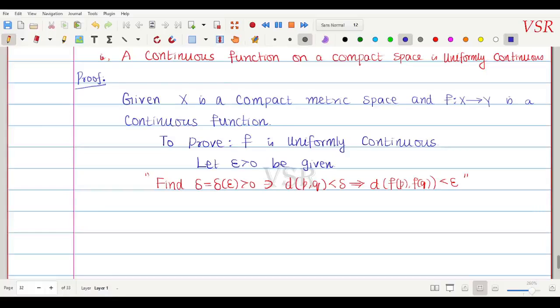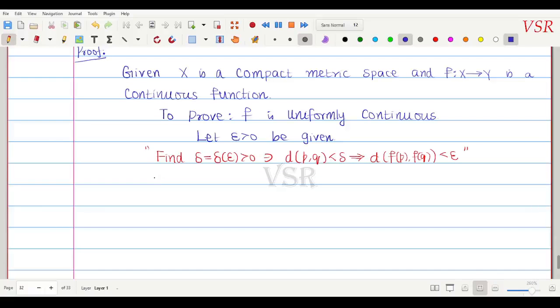Okay, since f is continuous at each point x belonging to capital X, for this epsilon positive there is a delta positive.